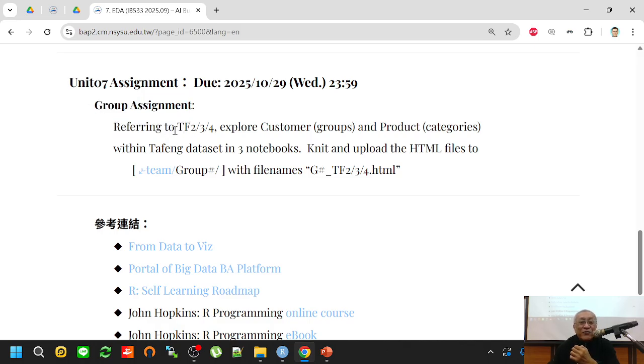Now, referring to the notebooks, I want you to follow the code, understand the code, and as I say, you might want to do more exploration. Yes? Professor, because in these three notebooks we've run through most of the code, what specifically would you like us to do in those notebooks?